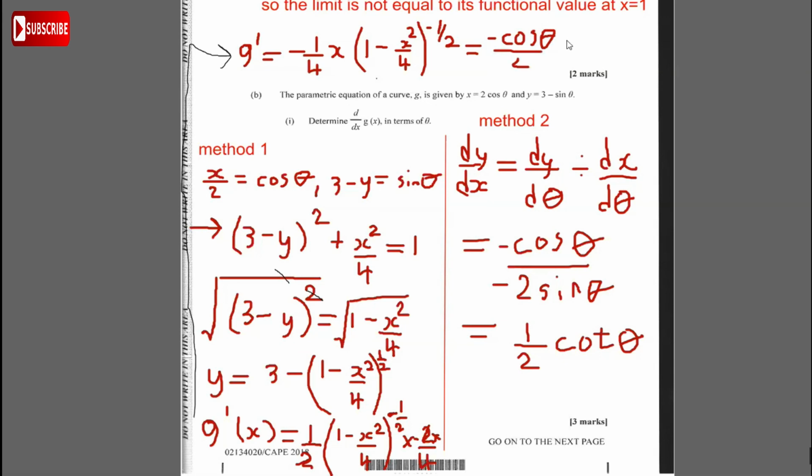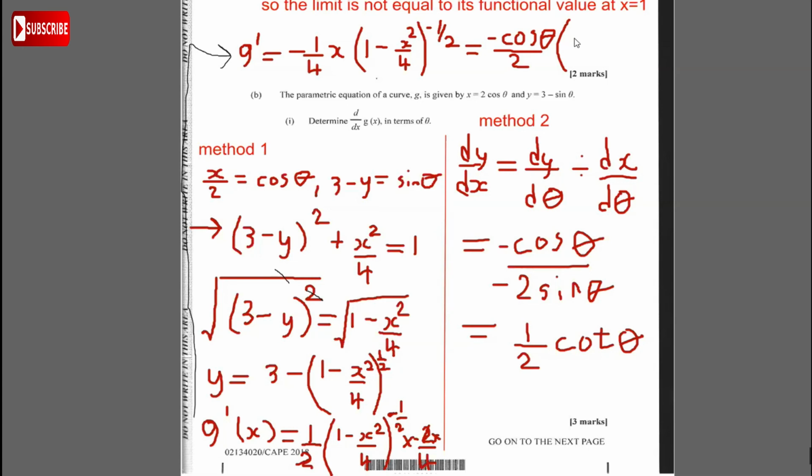And that is now being multiplied by, in this bracket here where you have x squared over 4, x squared over 4 is going to be cos squared theta, and 1 minus cos squared is sine squared.